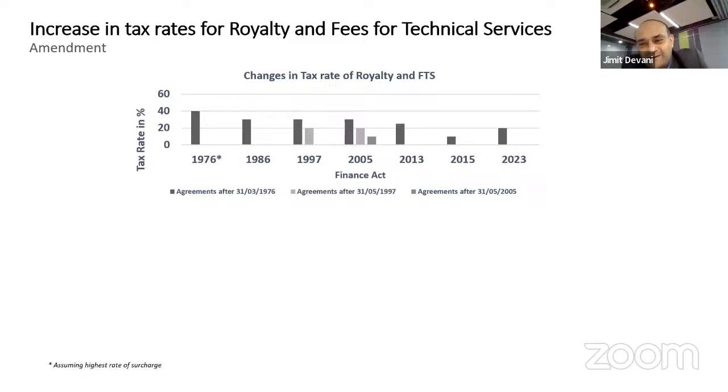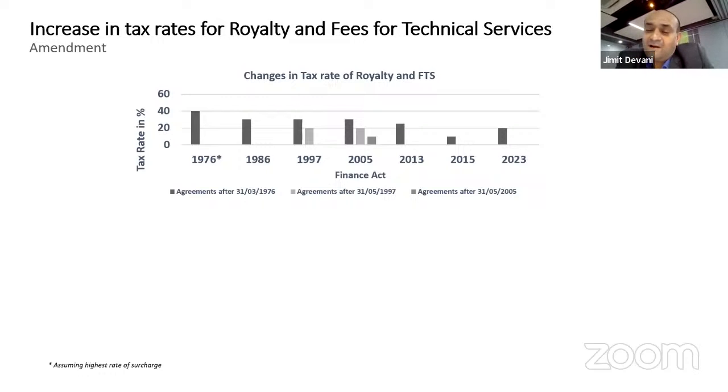Otherwise, you are supposed to file your tax return in India. So many of the foreign companies paying taxes at 10.92% were not supposed to file their tax return in India. Now there has again been a tinkering of this section, where the rate of tax has been changed from 10% to 20%.